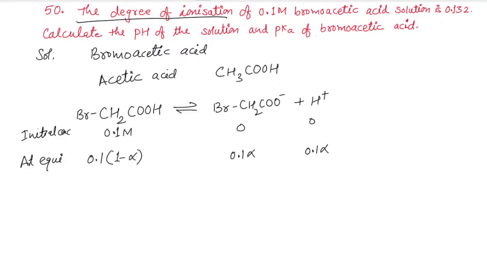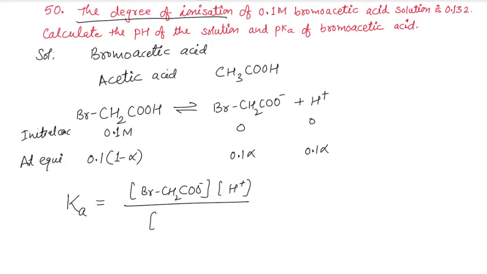Now at equilibrium, this is the thing. From this, what is Ka? Ka is bromoacetate ion concentration into H plus ion concentration divided by bromoacetic acid concentration.